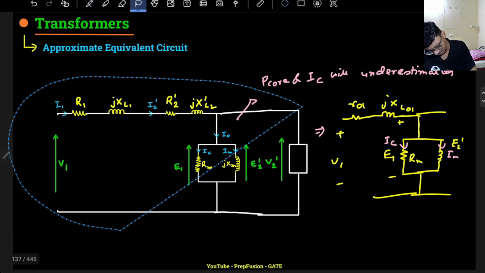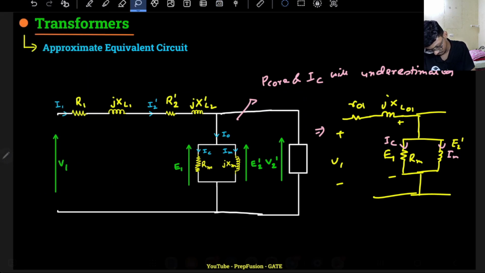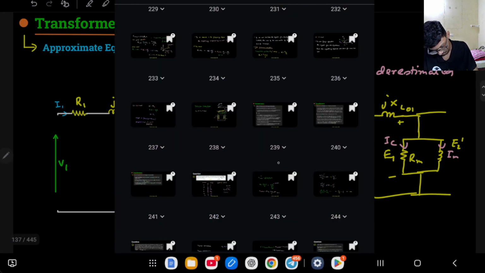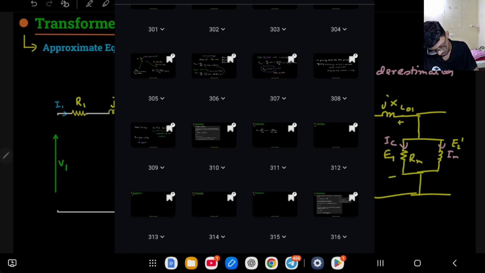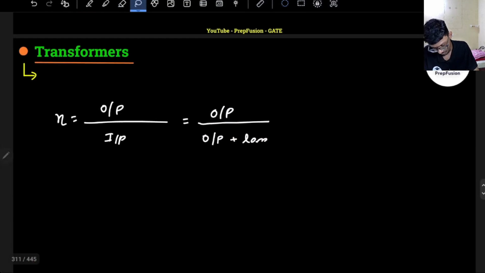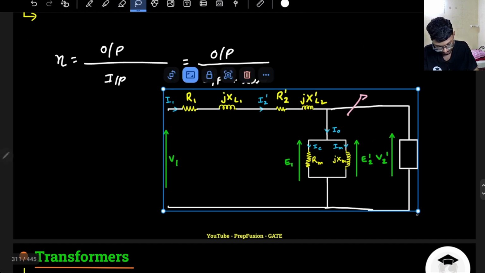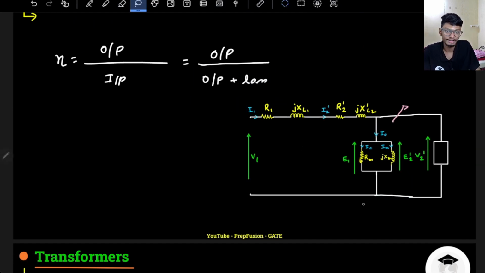So if I copy this, okay, so this is my circuit diagram, an approximate circuit diagram, not the exact one. So from here we can derive a few things.